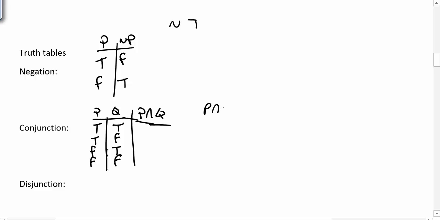So P and Q is true if P is true and Q is true. Okay, so the conjunction then has its own set of truth values. So if both are true, then it's true. If anything is false, then the conjunction itself has to be false.